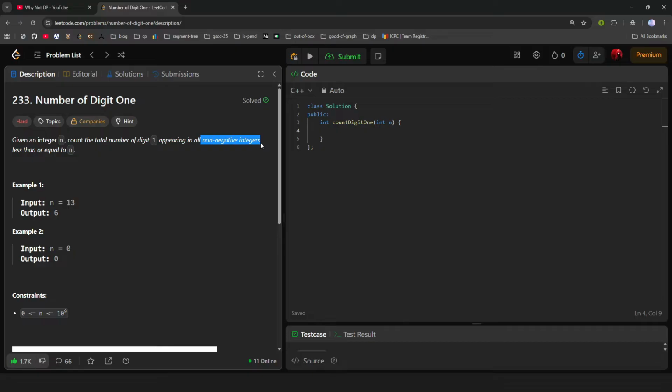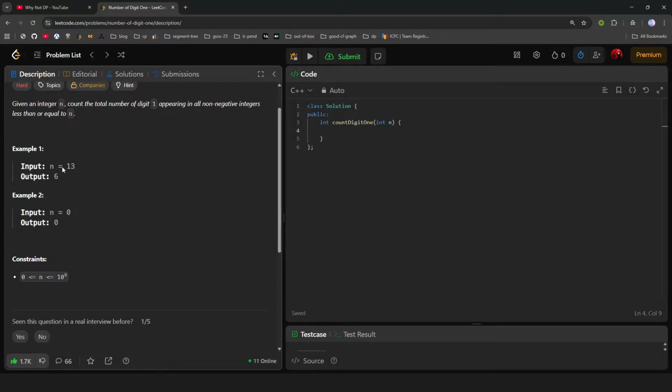That is, all integers will start from 0 and go all the way till n, because it is written less than or equal to n but non-negative. So that's why you have to identify the range yourself. Once the range is clear, the constraint is high, and you have to return the count of some specific digits, it is clearly a digit DP question.